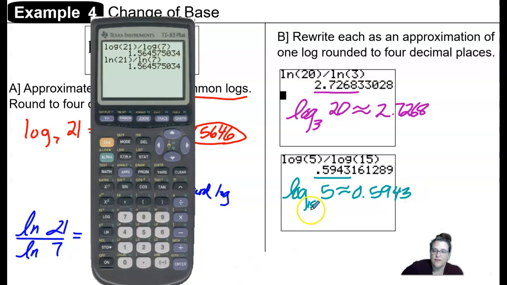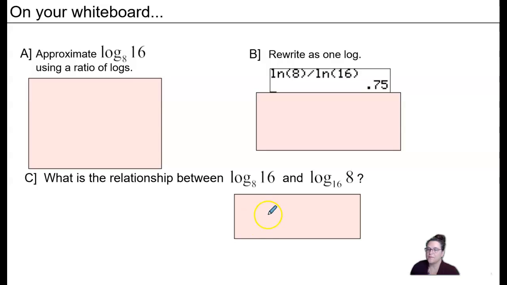So the log base 15 of 5 is approximately 0.5943.